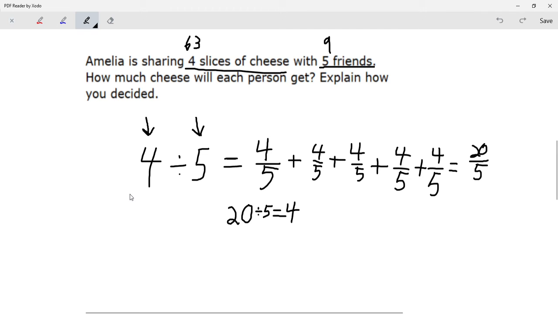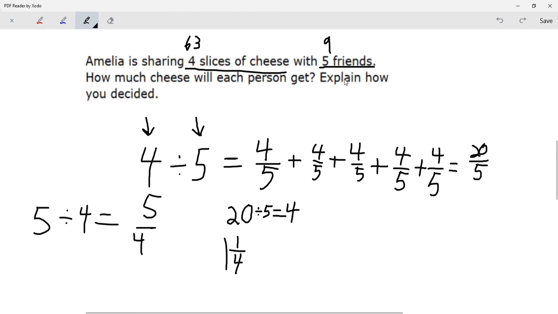You can also think about it like this too, after you get your answer. Let's say just by accident you put 5 divided by 4. Okay? And that's going to equal 5/4, which then becomes, since 4/4 equals 1, it would be 1 and 1/4.